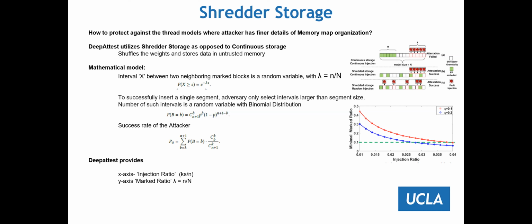So it's how much you are marking, or how much computation you are performing, that much you can subside the success rate of the attacker. If you mark a major chunk of the weight vectors, you're sure that the attacker is going to disturb one of your weight vectors, and that is going to get caught during the online process. So it shows that trade-off.